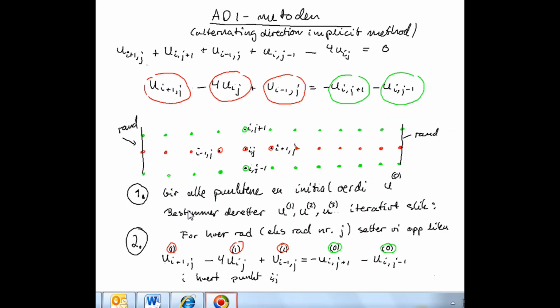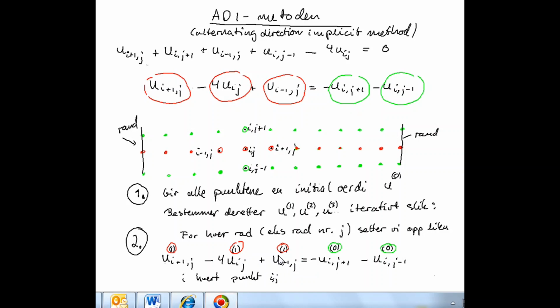Okay, then we find u with upper index 1, upper index 2, upper index 3 iteratively as follows. For every row, for example at number j, we put the equation like this.